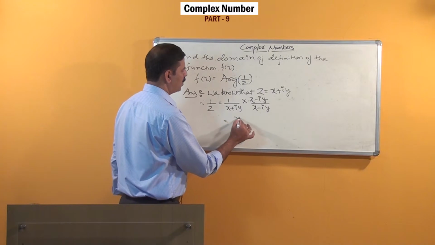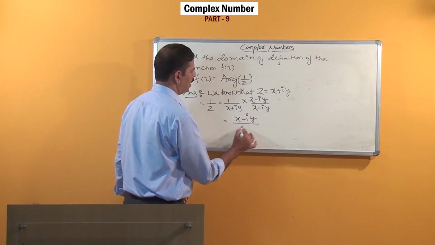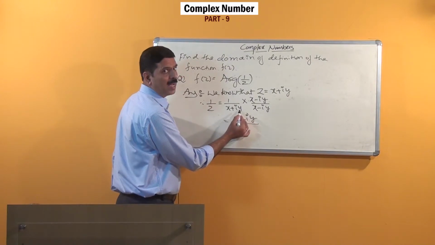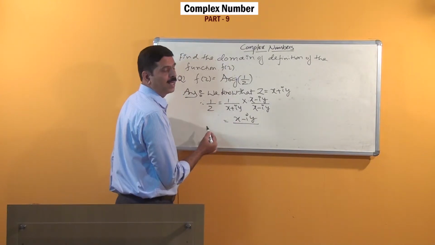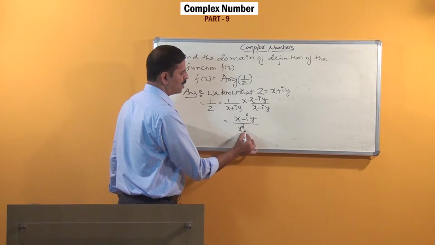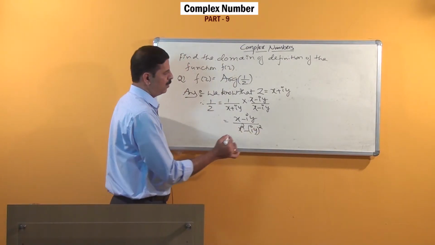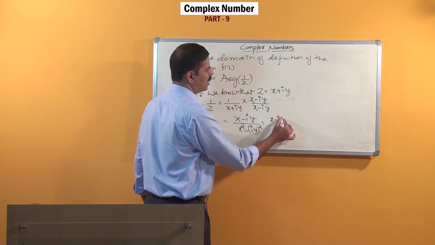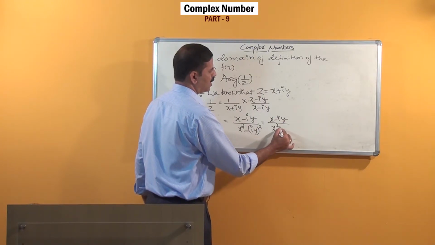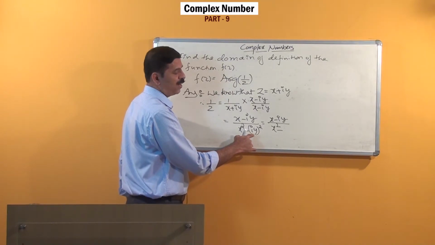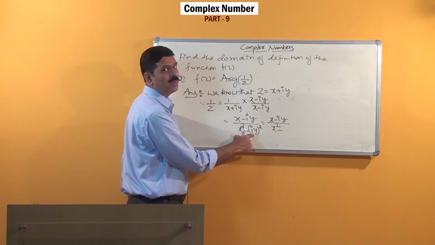So which is equal to x minus iy divided by, you know that this becomes a plus b, a minus b, right. So it becomes x square minus iy square, which is nothing but x minus iy divided by x square minus i square y square. You know the value of i square. i square is how much in complex numbers?